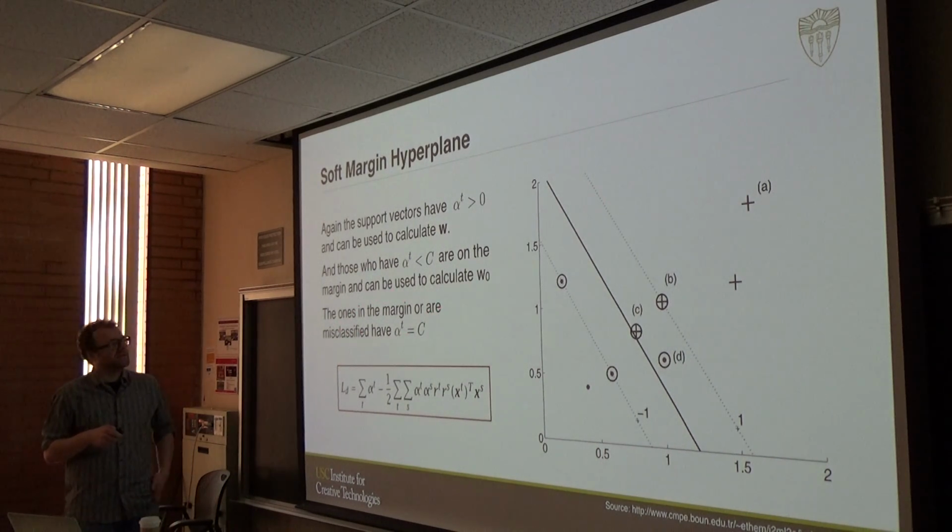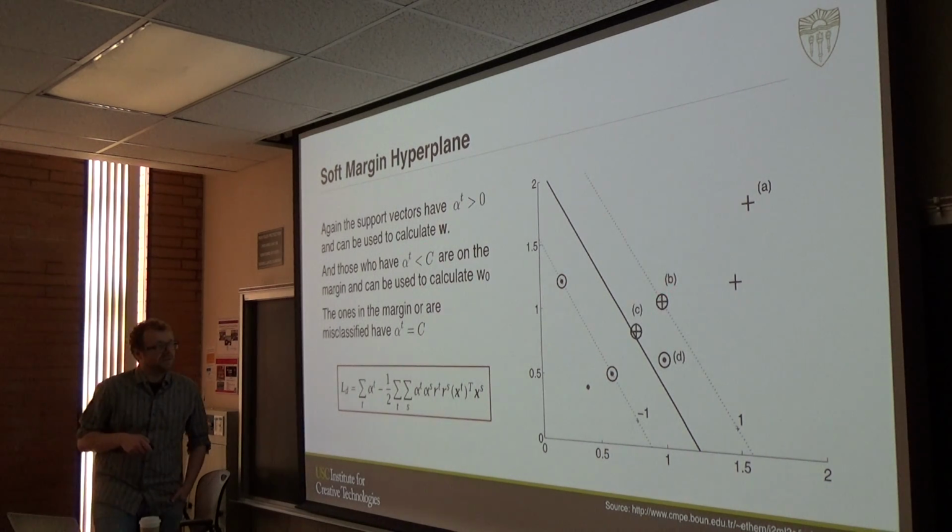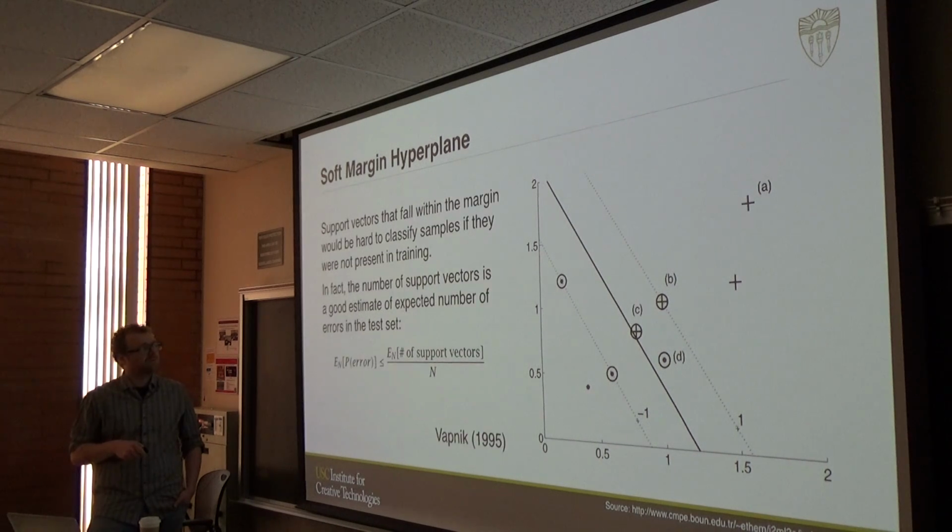And most of the good support vectors have the alpha value that is smaller than C, and can be used to calculate W0. So all of these we can't use to calculate W0.